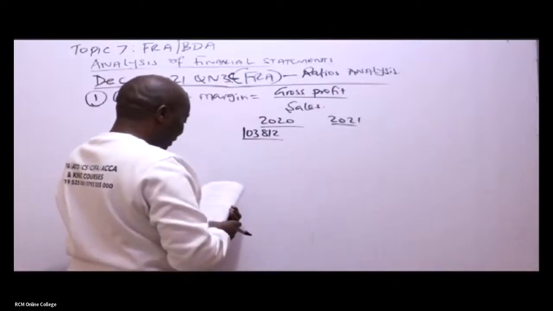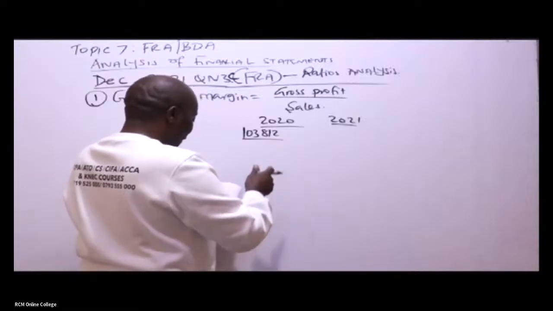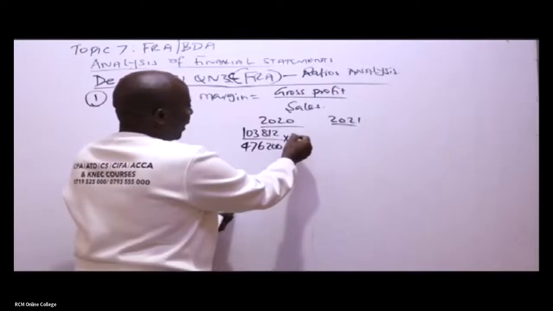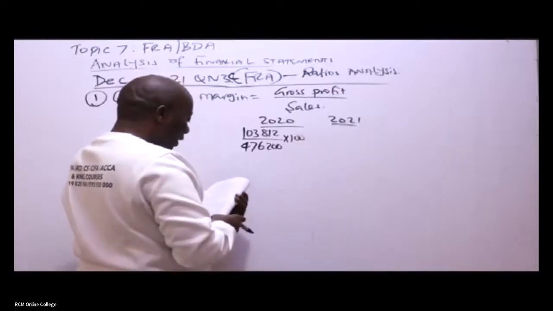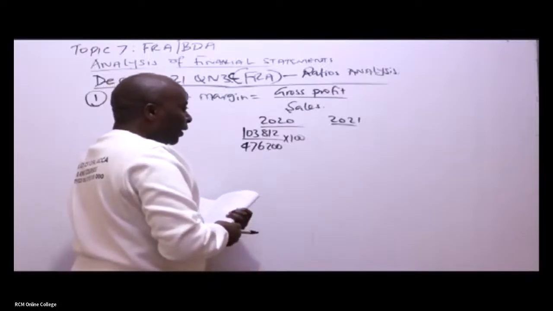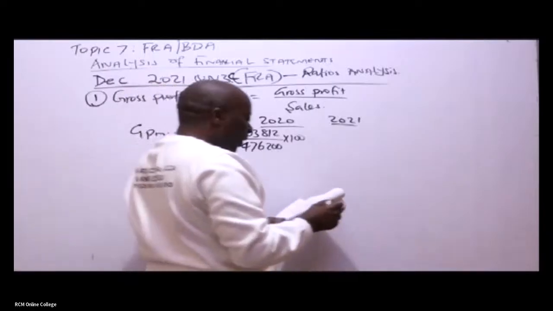Divide this by the sales revenue for 2020, 476,200, times 100. For 2021, you do the same. Even the Excel students, I expect you to write these answers down, and then do this using Excel later at your own time, in the interest of our time.